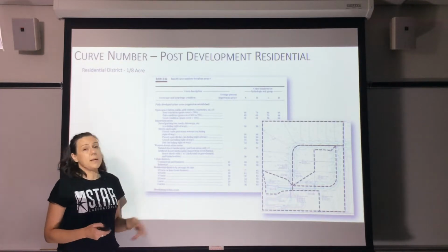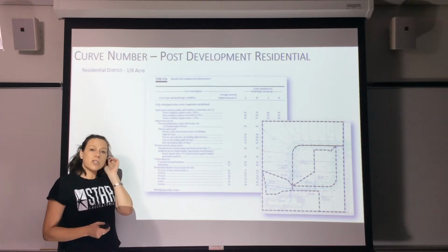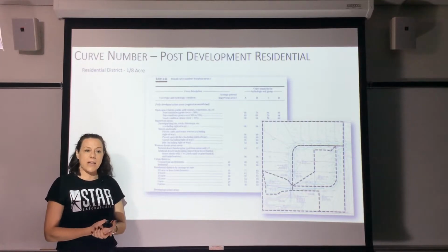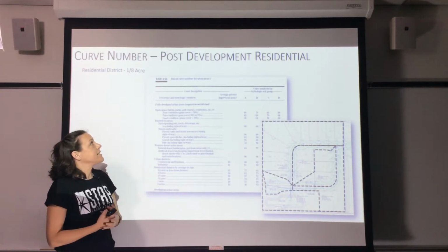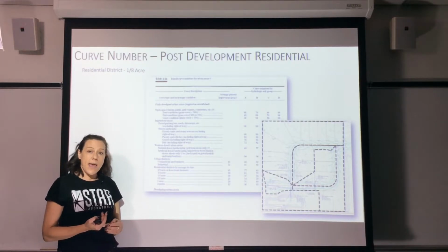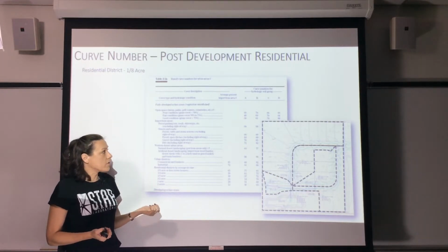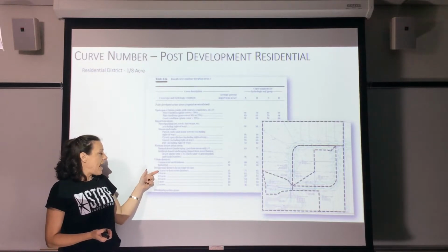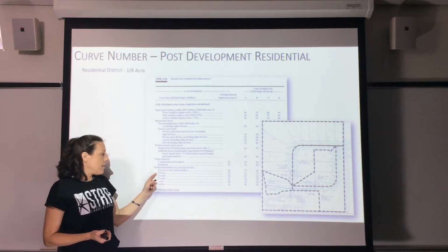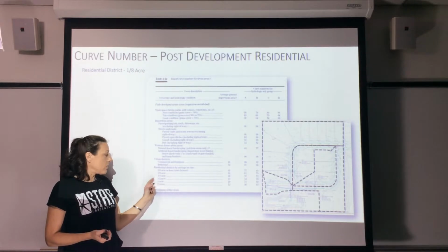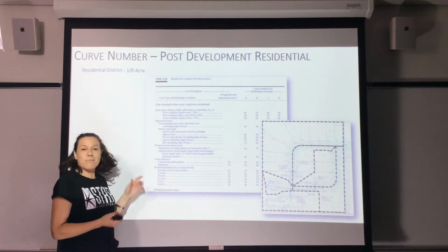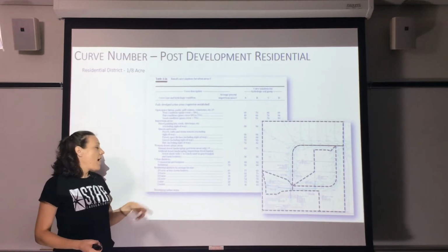So for the post-development, we're going to actually talk about having residential development, about 1/8 of an acre. So if you look at table 2-2A in the TR-55 model, you'll come over here and say, okay, here's residential, 1/8 of an acre or less, townhomes, 1/4 of an acre, a third of an acre, a half acre.